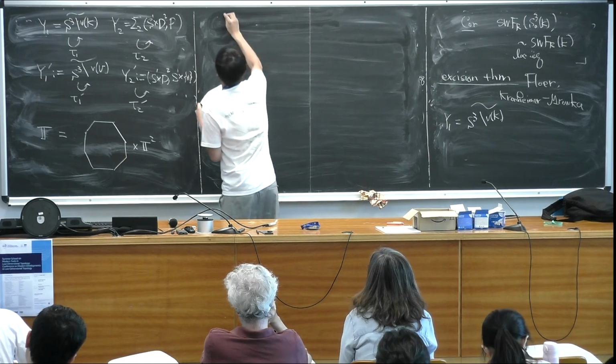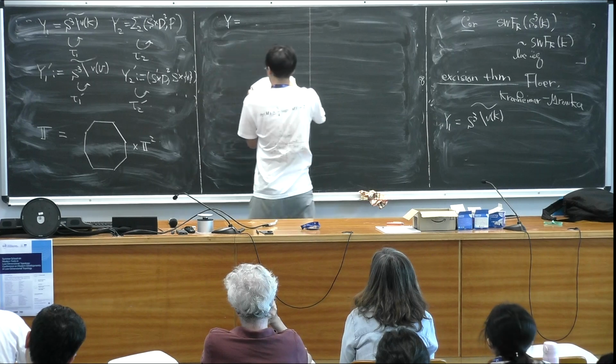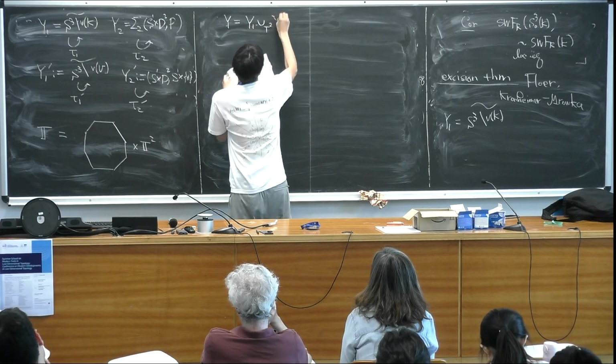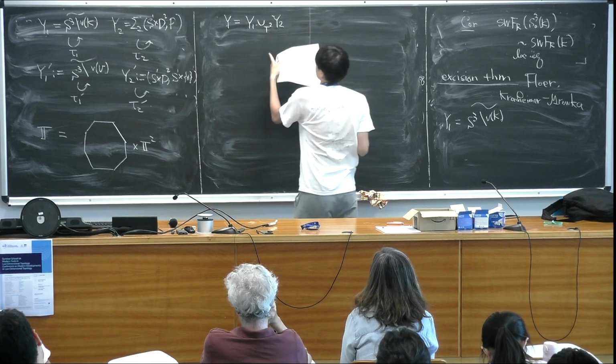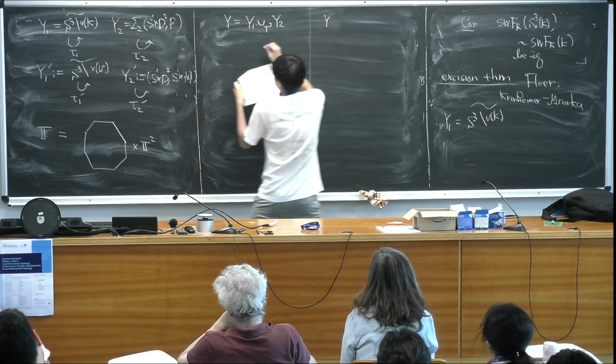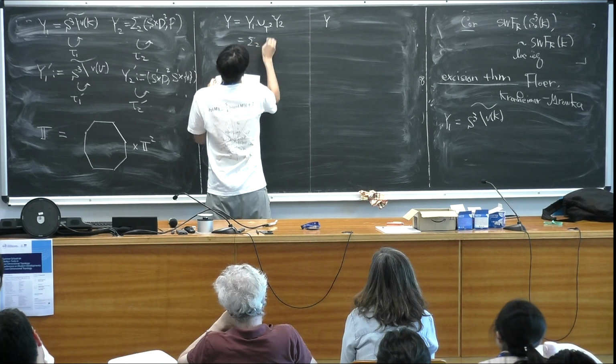Let me write Y as the union of T1 and T2, so that I get just the double branch cover of PK.